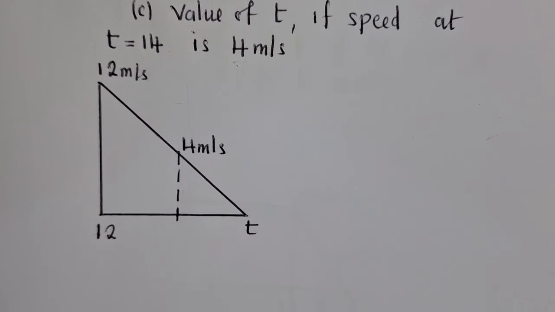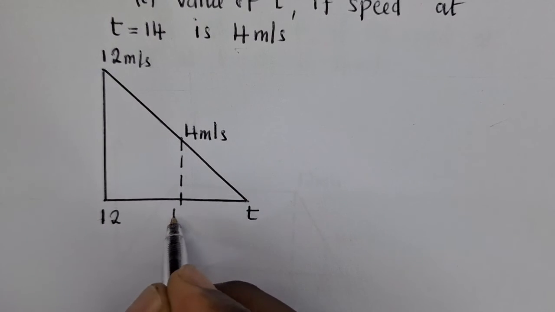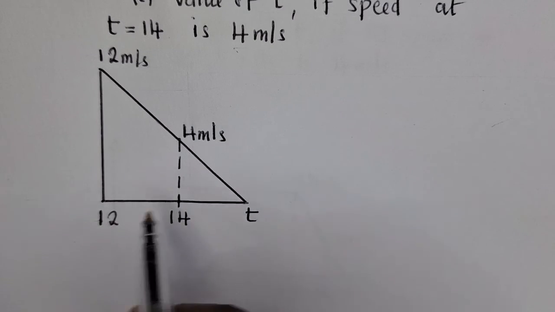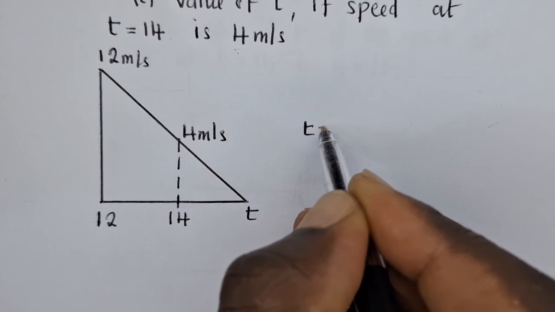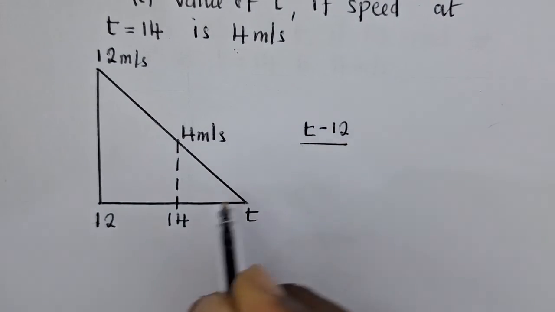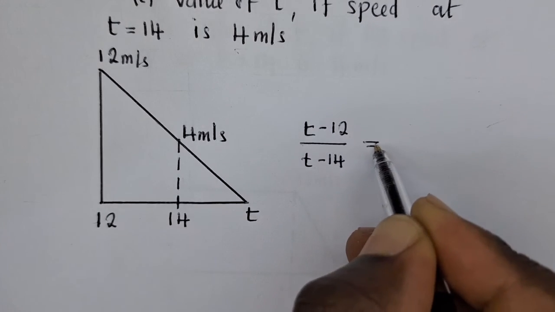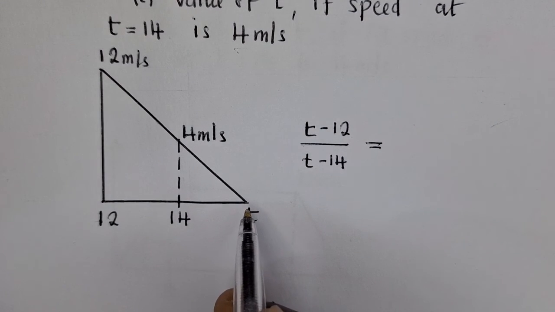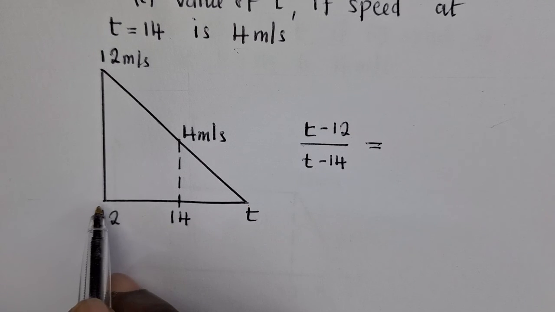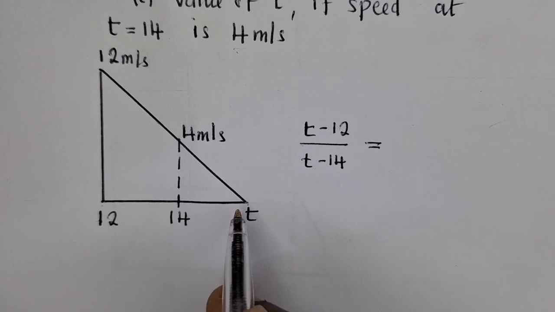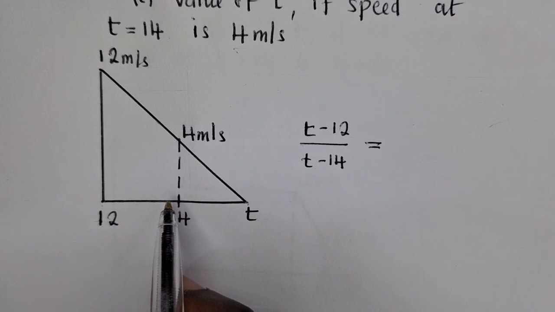Okay, so we can transfer this information here so that we fully understand. So this is how it is. So this is where 14 seconds is. Once we understand this, we can just use the differences. We shall say t minus 12 over t minus 14 will be equal to, we want to use the differences like I said earlier, now we start getting the speed.